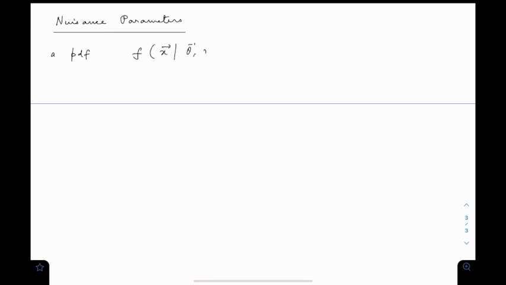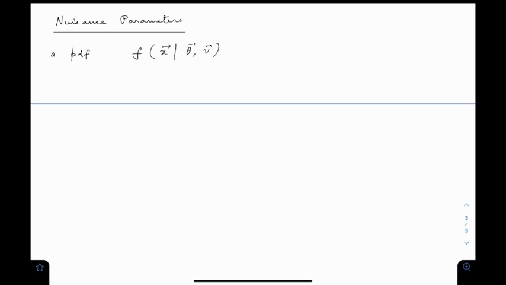Now we'll shift gears a bit and focus our attention on what are known as nuisance parameters. So frequently, a PDF, this will be denoted by f of x given some theta and some nu.